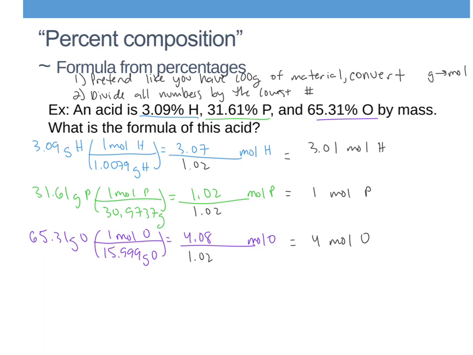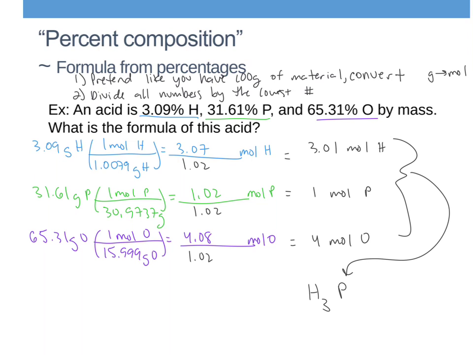Now I have basically whole numbers. Don't worry if you get a little straggler number out here, like a percentage or 2. This is basically 3 to 1 to 4. And so that is my mole ratio, or in other words, all of this tells me my formula. I know then that as far as hydrogens go, I have 3 hydrogens.